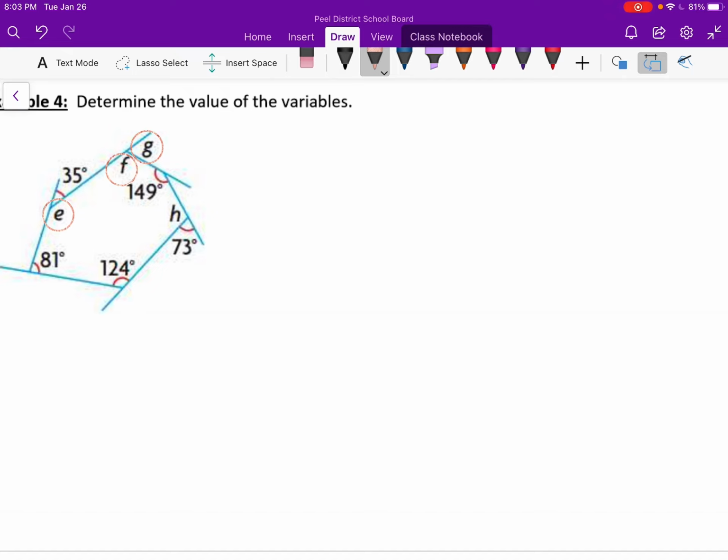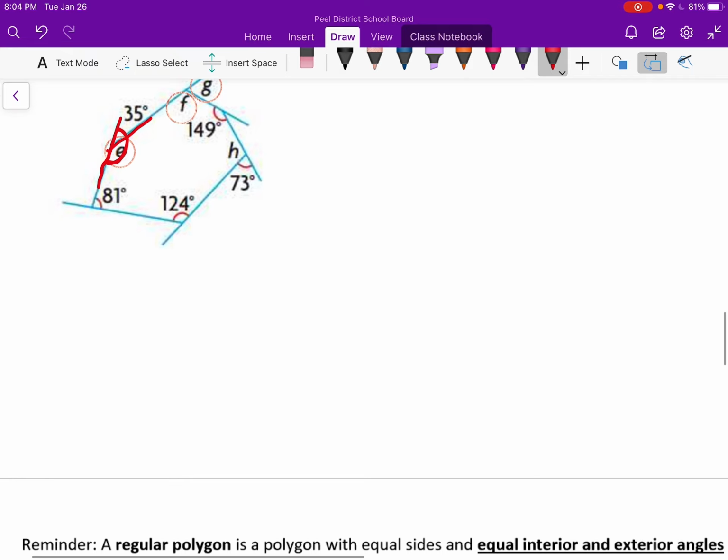What I can do though, however, is I have this straight line here, and I have this coming out. So I'm just going to make that again so it looks nicer. The straight line here, and I have this right here. And I know this over here is equal to 35, so I can figure out what this is equal to. Again, I can use my SA rule.